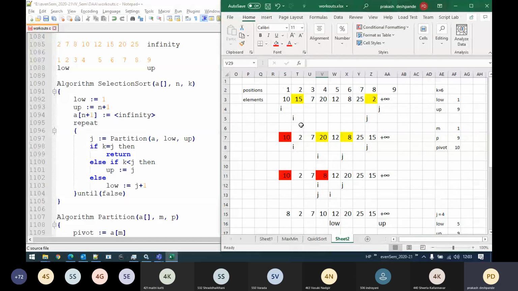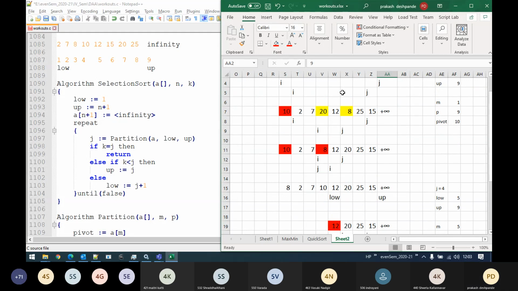Understood the selection sort? Things to remember: the element positions will begin at 1 and end at the last number, the nth number, and we take one additional number at the n plus 1th position. We try to find the element at the kth position and place it exactly at the kth position.